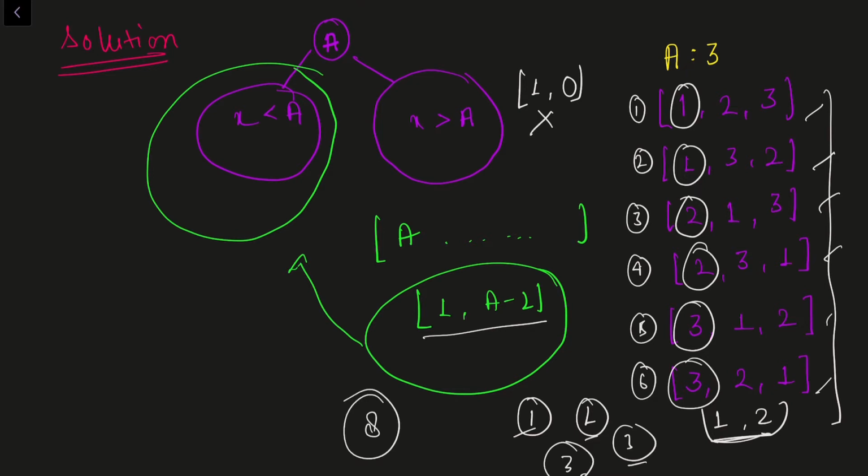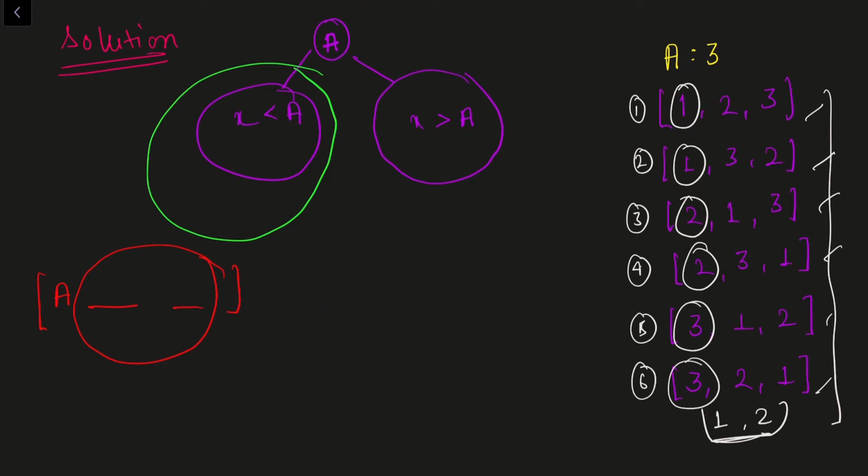So basically what we can observe here is, if I know the root of some array, then I can calculate the answer for this array with a simple formula, right? What I need to do is sum all the values from 1 to a minus 1 if that range is valid. Now the next thing that we need to notice is we are given all the elements from 1 to a, which is a permutation.